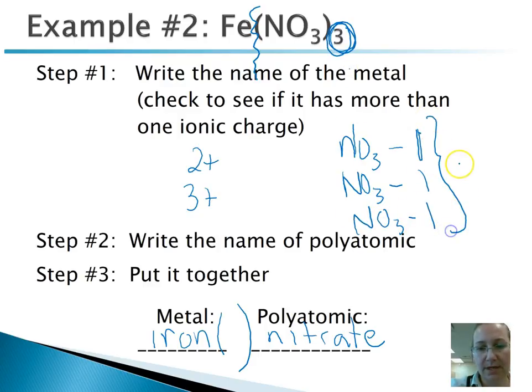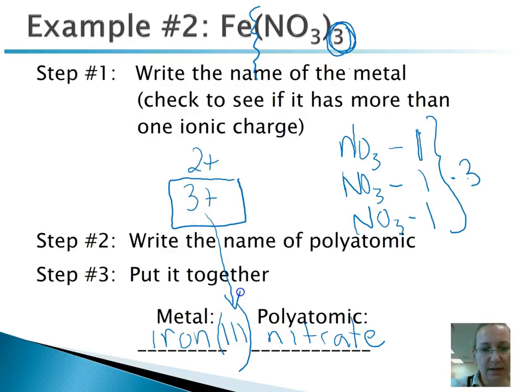So in combination, this side is a -3. Now I know this iron has to cancel -3, which means it has to have been the +3. And that tells me what goes in my bracket. So that +3, I put the Roman numeral 3 in my bracket. So there's coming up with names for polyatomic compounds.